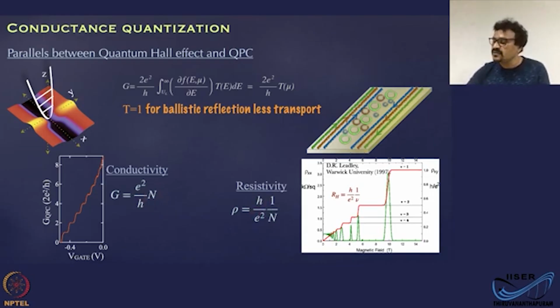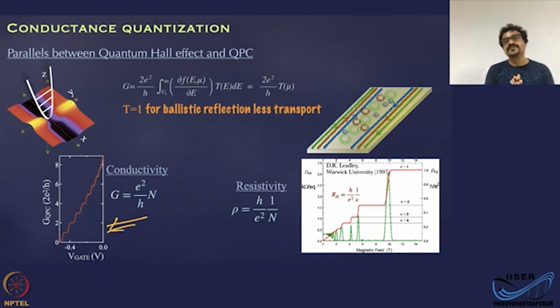Okay. So here what happens is, when you vary the field, you are reducing the number of edge states one by one, but these edge states are perfect one-dimensional channels. They are actually a lot more perfect one-dimensional channels than the one-dimensional channels given by the quantum point contact.